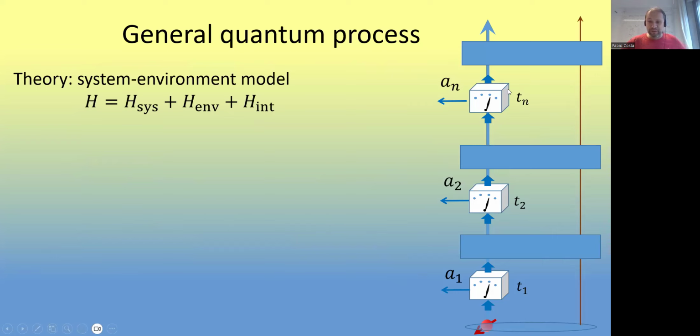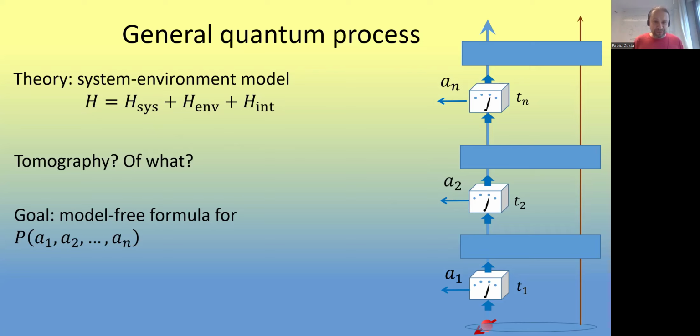So the goal, similarly to how the Born rule recovers probabilities for one-time measurements, is to find a model-free formula for our joint probabilities. So something that encodes all and only the information about the measurements we can perform on the system. And here, as I mentioned, A1, A2, An represent the outcomes of the operations I can perform at time 1, time 2, time n.